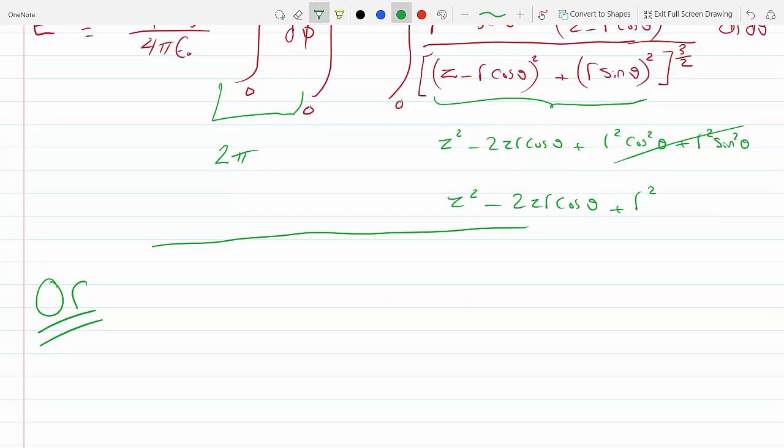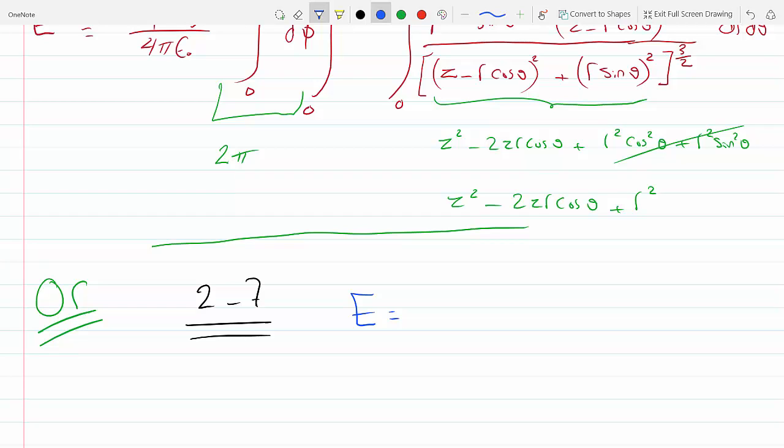Or you could make use of result 2.7, because in 2.7 we did find out the electric field for a shell.